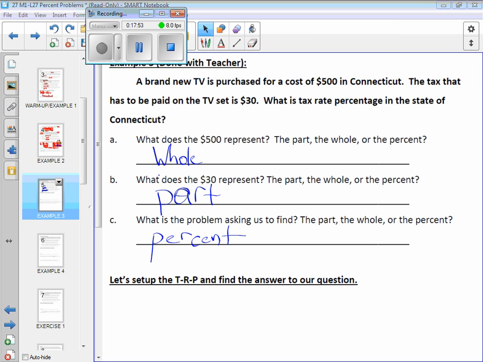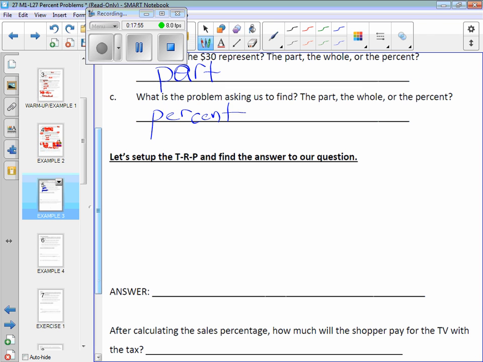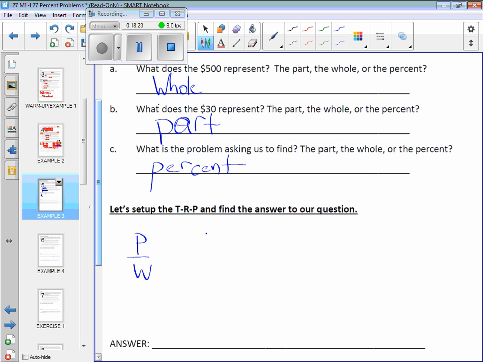All right, let's set it up. Anybody want to come up and set up the actual template? Let's see. Tom. Yes, of course. There you go.